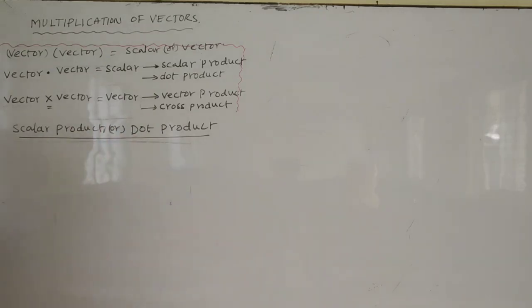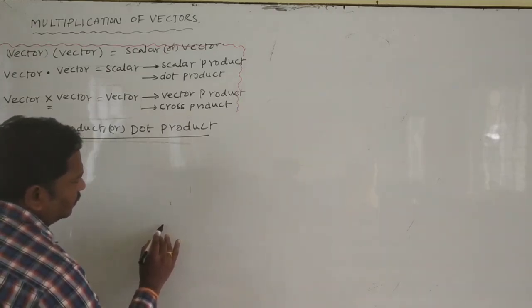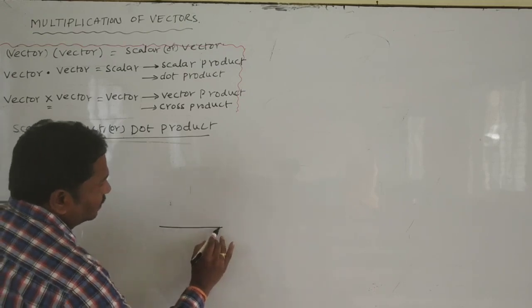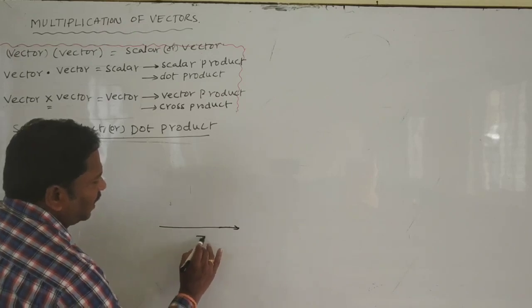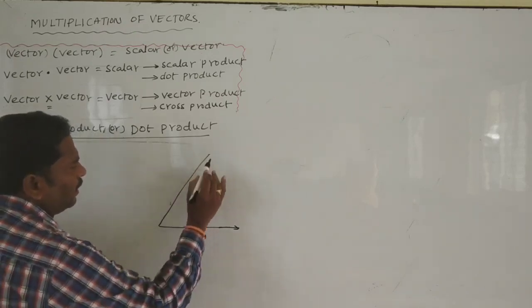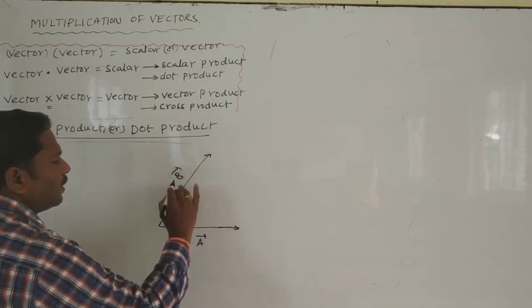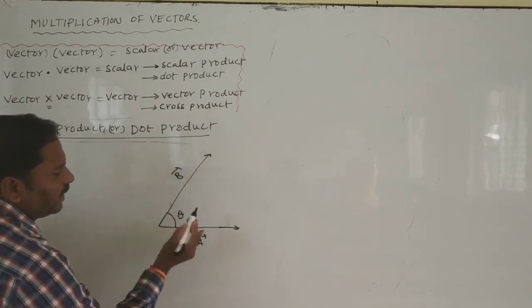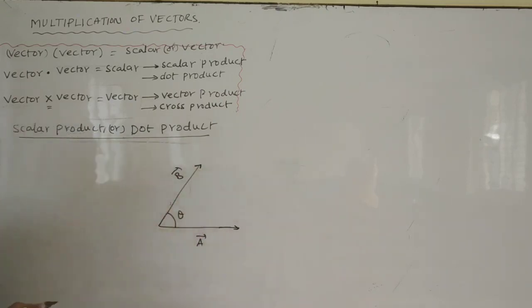First consider two vectors. Let's say A bar and B bar. These are the two vectors. This is A bar and this is the another vector B bar, and which makes an angle theta. The angle between A bar and B bar is theta.